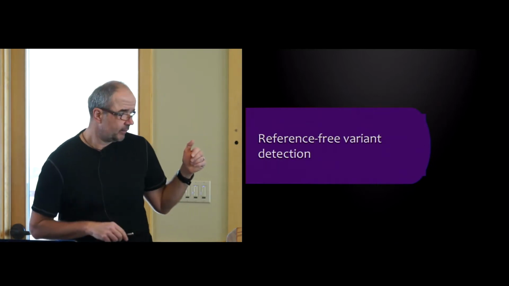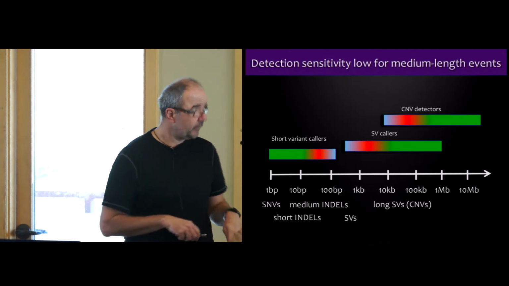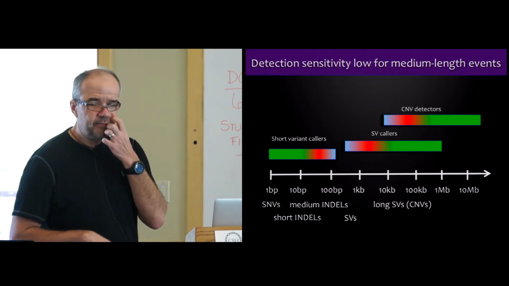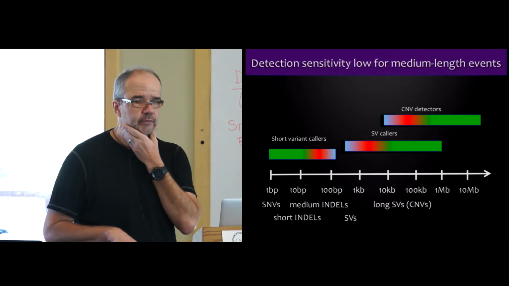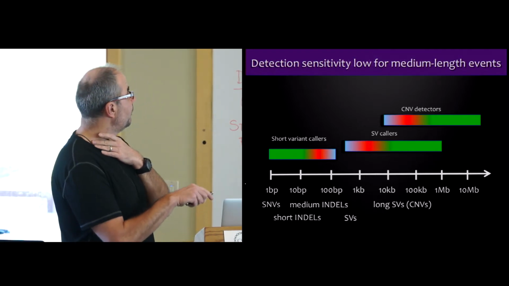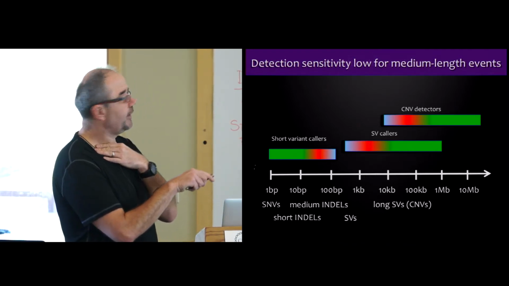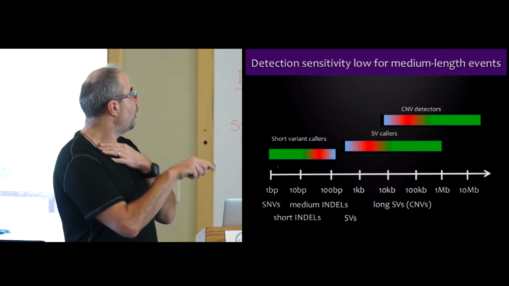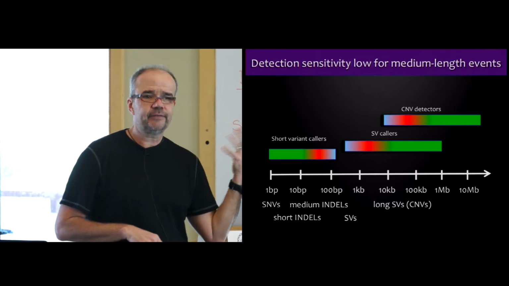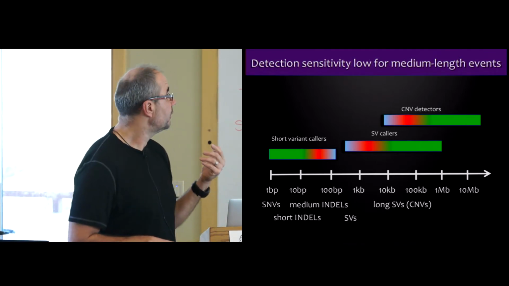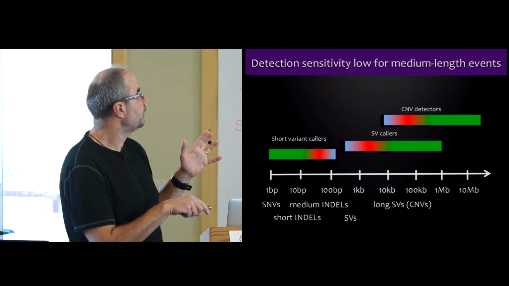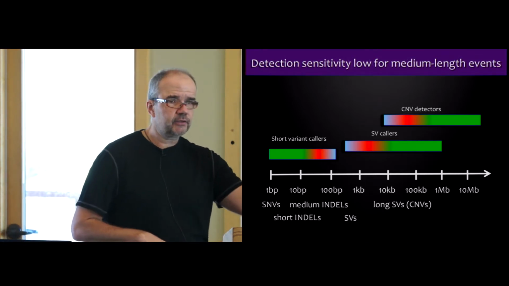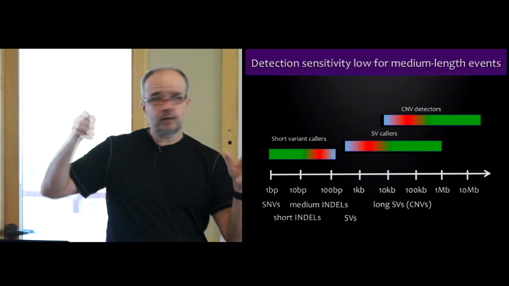If you look at detection efficiency and where current software is, the range of single nucleotide variants is 1 base pair. Short indels are maybe up to 5, 6, 7, 8, 10 or 15 base pairs. Medium indels are anywhere between 20 and 200 base pairs.